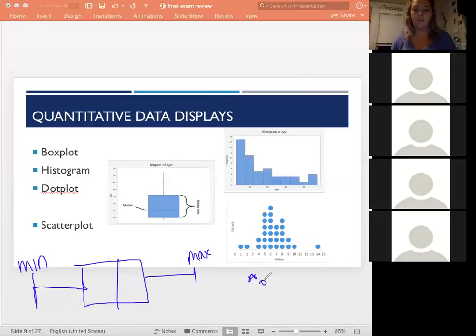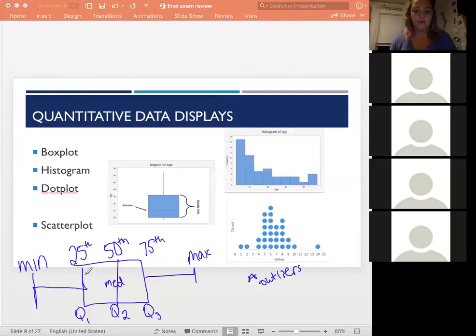We also can have outliers on some of these sides. And then remember, we do have our quartiles here: Q1, Q2, Q3. Q2 is always going to be our median. If we're talking about percentiles, it's going to be our 25th percentile, 50th percentile, and then 75th percentile for Q3. The percentiles are just saying what percent of the data lies at or below that value.